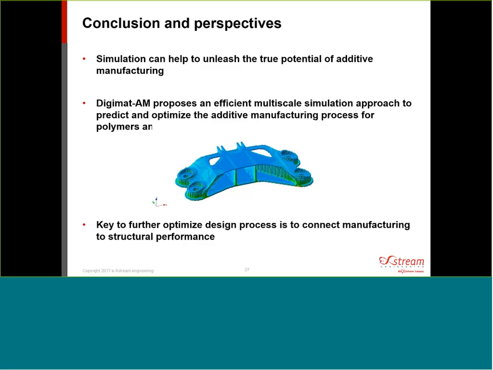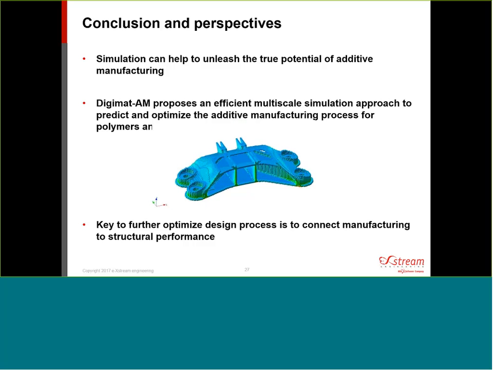Through Digimat AM and the process simulation that we have, we are able to predict and optimize the additive manufacturing process for polymers and composites. We saw here how we could optimize warpage for glass bead reinforced polyamide components. And so, of course, this is not the full story if we want to unleash the full potential of additive manufacturing.